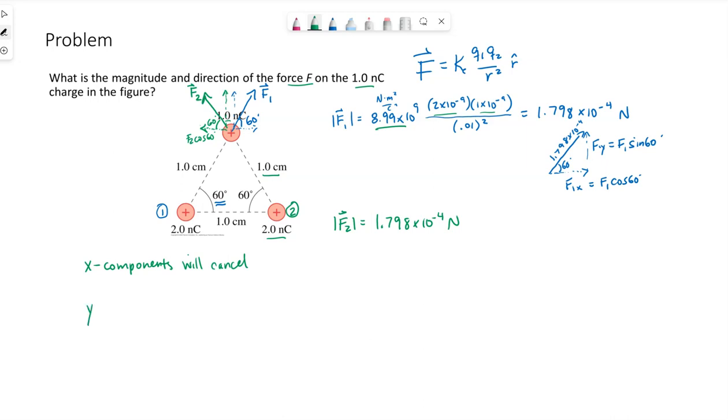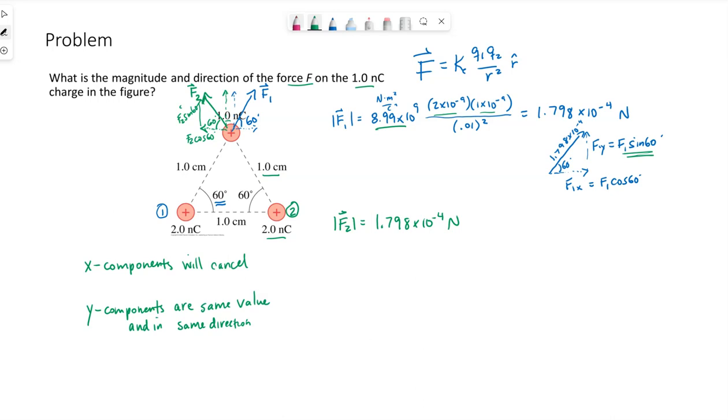The y components, though, are in the same direction. They're the same value and in the same direction. Right? This y component over here, I would say, is F2 sine 60, just like we saw with force 1.